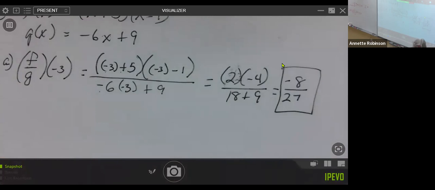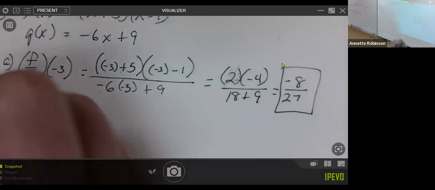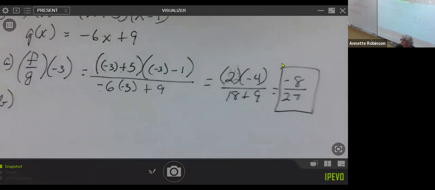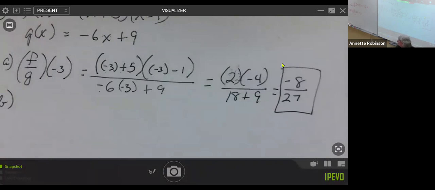Part B. Again, instructions for part B: find all values that are not in the domain of f over g. If there's more than one value, separate them with commas. Okay, I got a fraction here. What can a fraction not have? A denominator of 0.